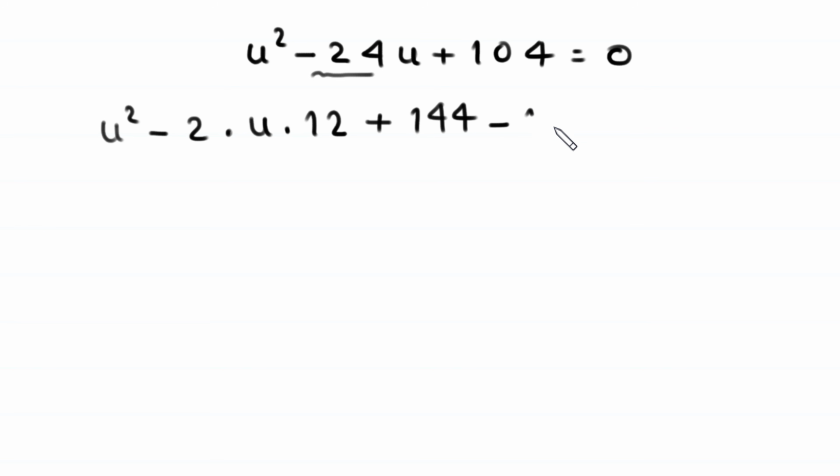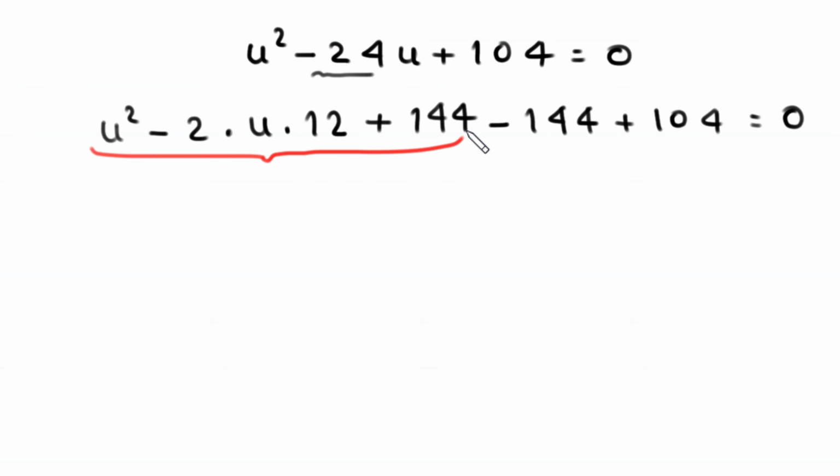Also subtract 144 plus 104 equal to 0. This u squared minus 2 times u times 12 plus 144 is a perfect square. This will become u minus 12 whole squared, and negative 144 plus 104 will become negative 40 equal to 0.